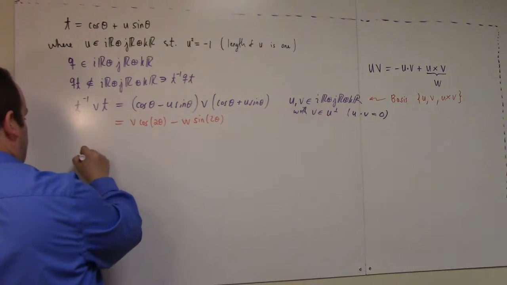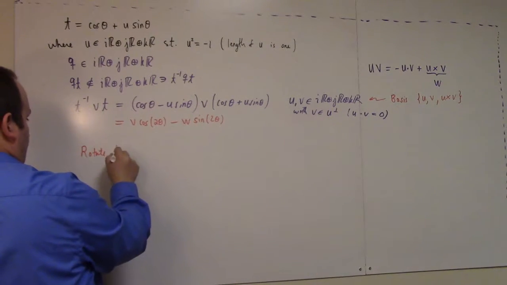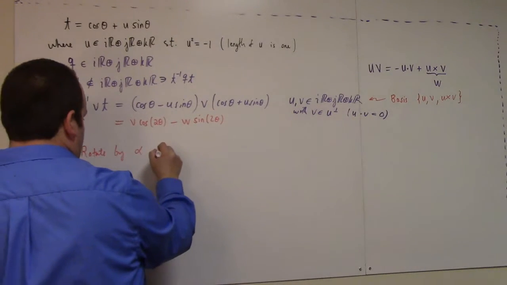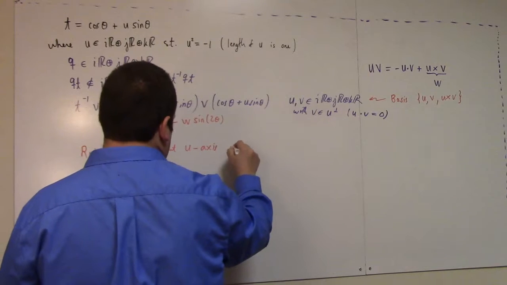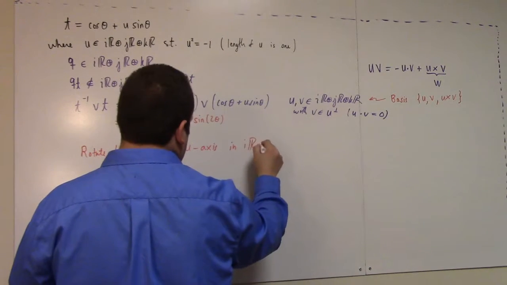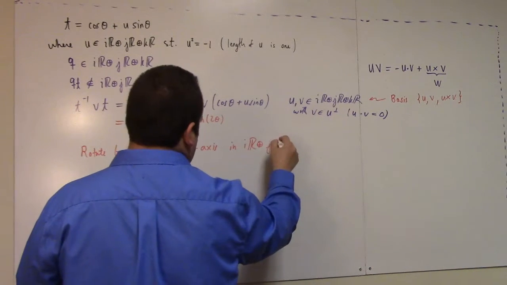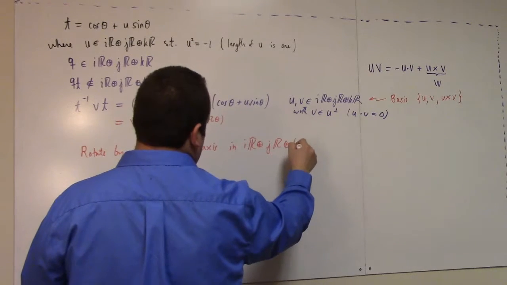So if we want to rotate by alpha about the U axis in, let's say, iR, so we're looking at this representation of R3, right?